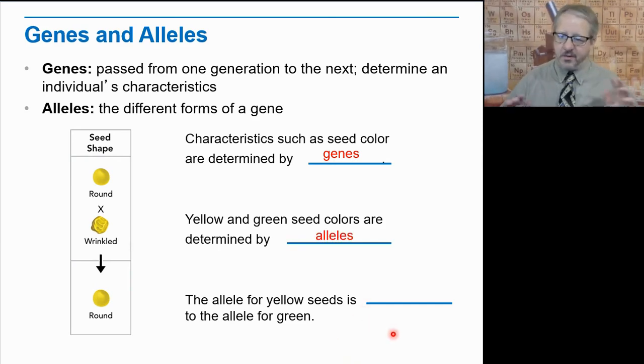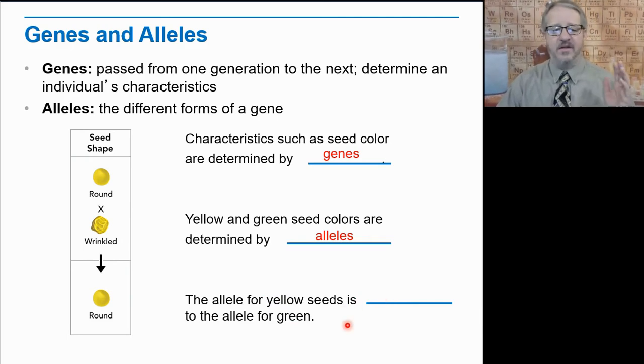Now, there's something we haven't talked about yet, and that is that some alleles are dominant and some are recessive. We'll get into what that means as we move along, but just know that in this particular case, the allele for seed color, yellow, is the dominant allele to the green allele.